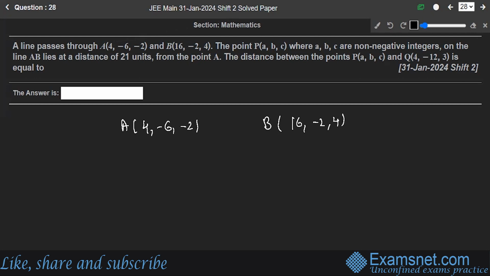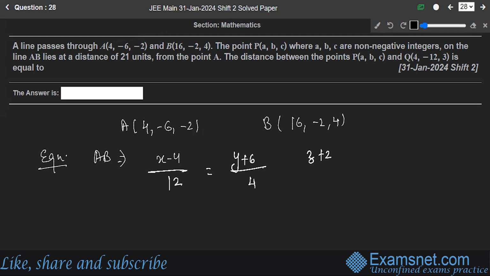You're given that, let's frame the equation for the line AB. It will be given by (x minus 4) by 6, plus (y plus 6), and (z plus 2) divided by, here it will be 16 minus 4, which will be 12, minus 2 plus 6, 4, 4 plus 2, that is equal to 6.